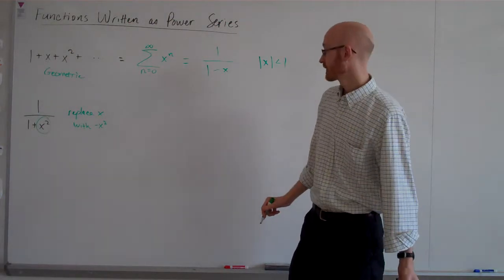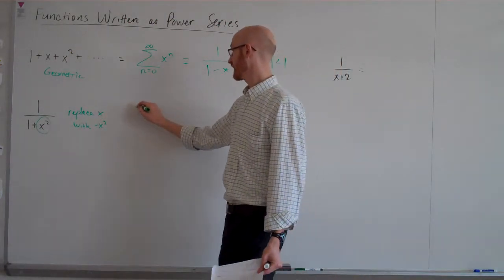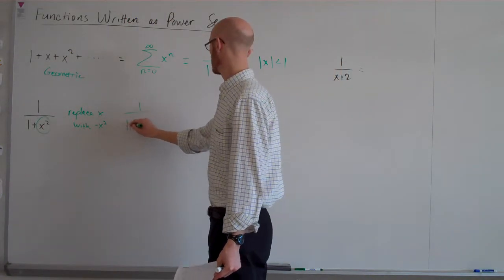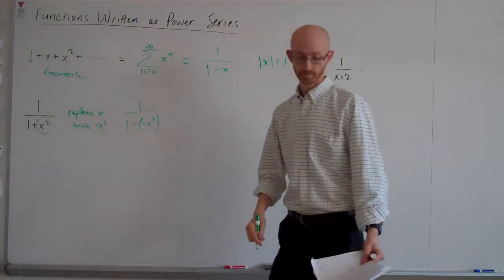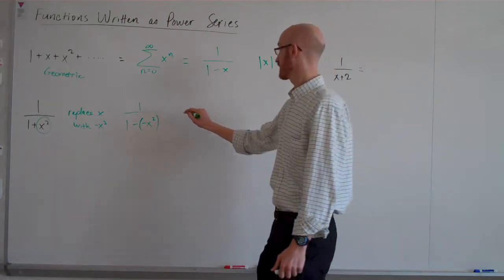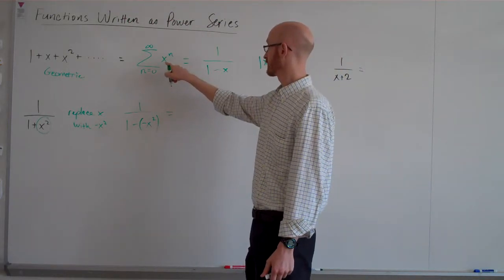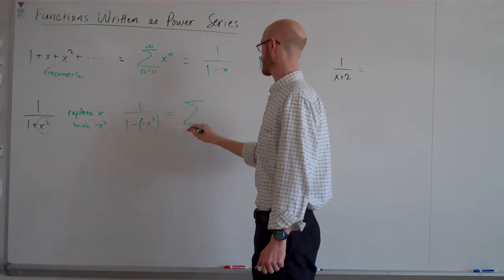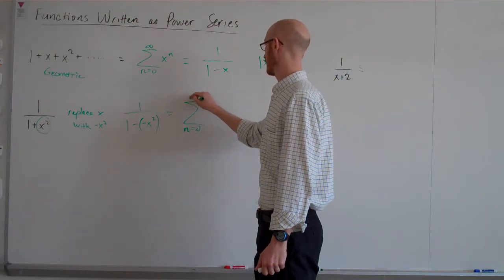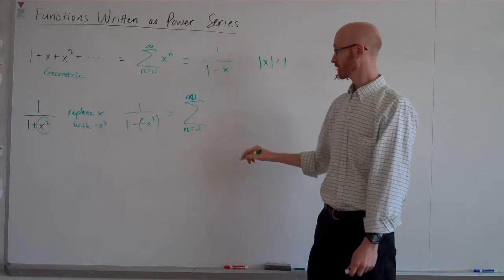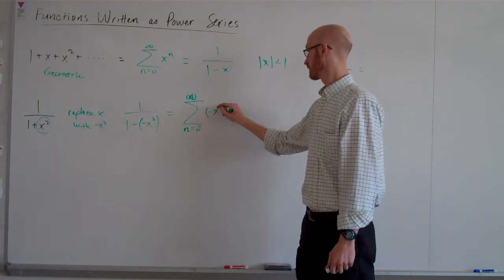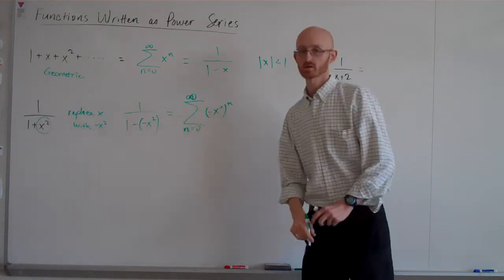So I could write this instead as 1 over 1 minus negative x squared, right? And if that's the case, instead of being equal to the sum of x to the n, it would just be equal to the sum of negative x squared to the n.